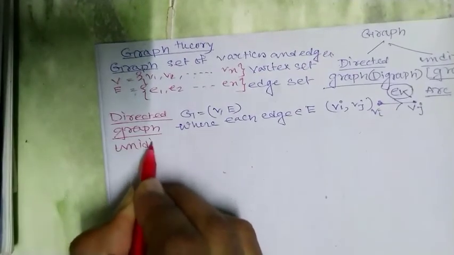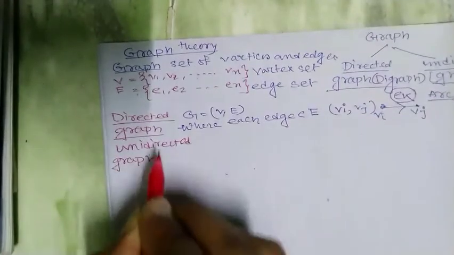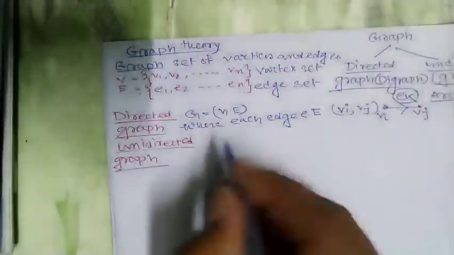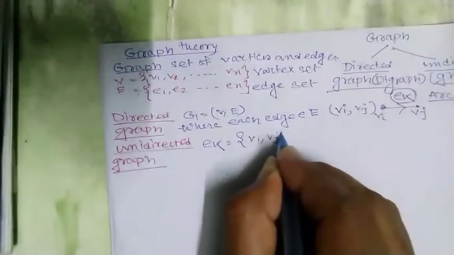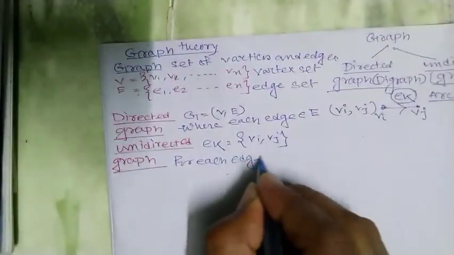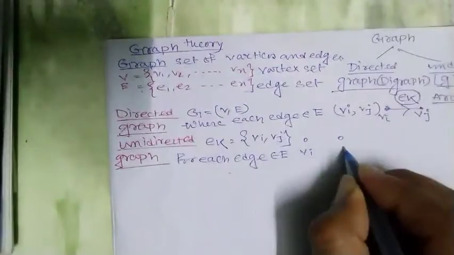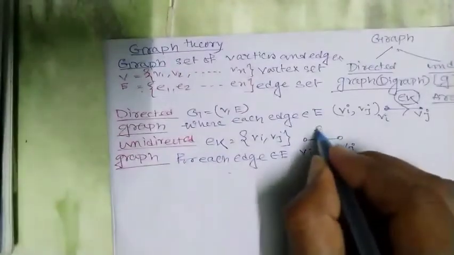Now the undirected graph. In the same way, Ek belongs to the pair Vi, Vj for each edge in E. Like this is Vi and this is Vj and this is the edge Ek, and this is undirected.